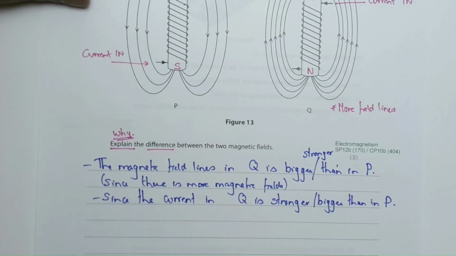And another difference for the 3 marks, I would write the other difference as well. I would keep on pointing out the other difference. The other difference was the direction of the current.